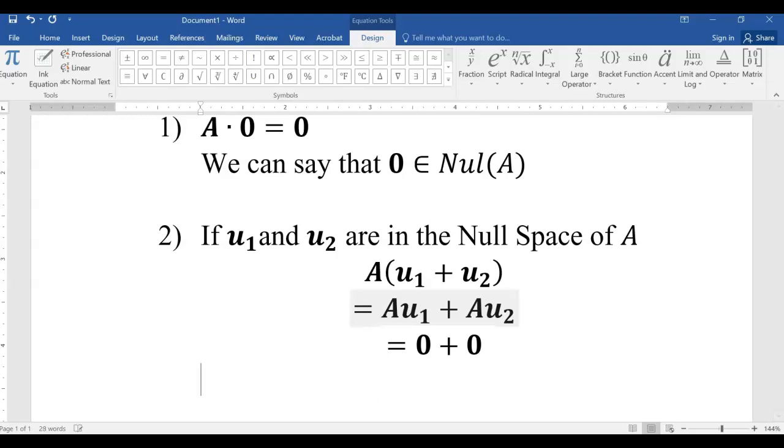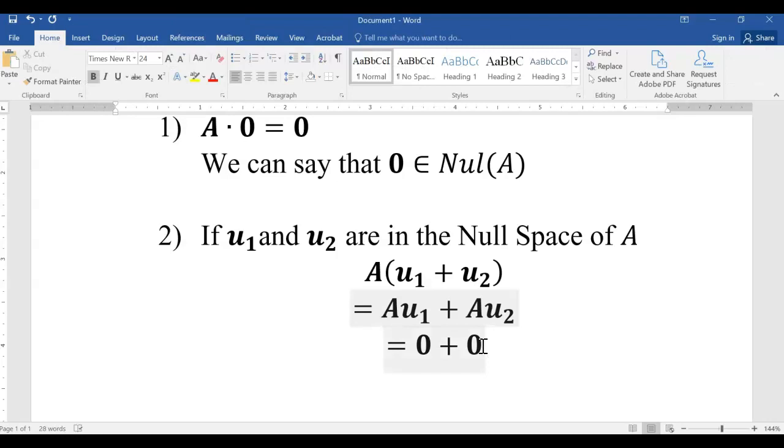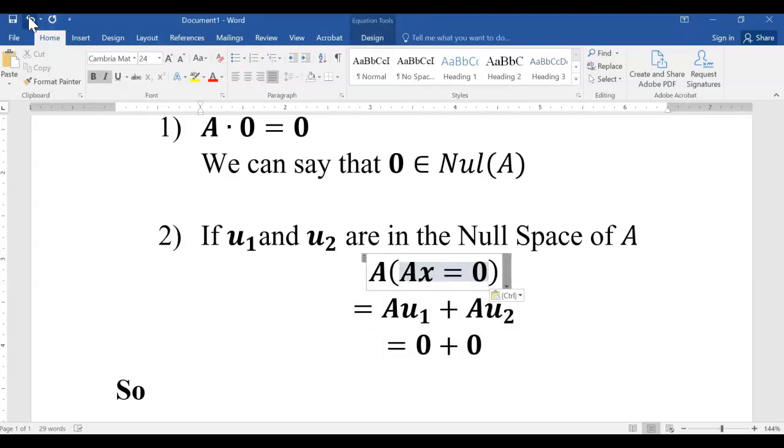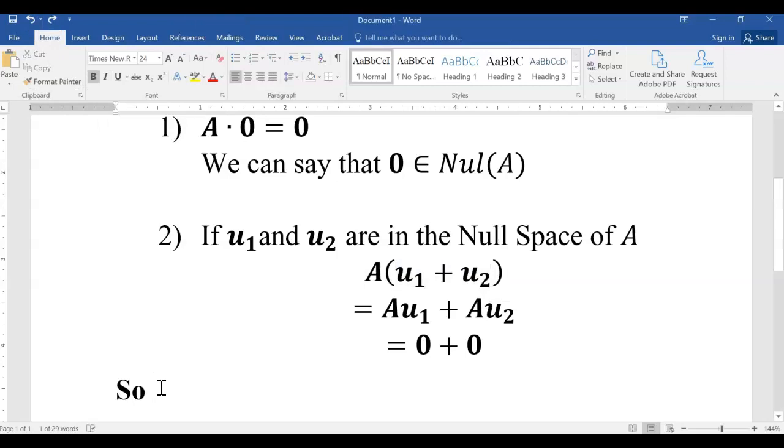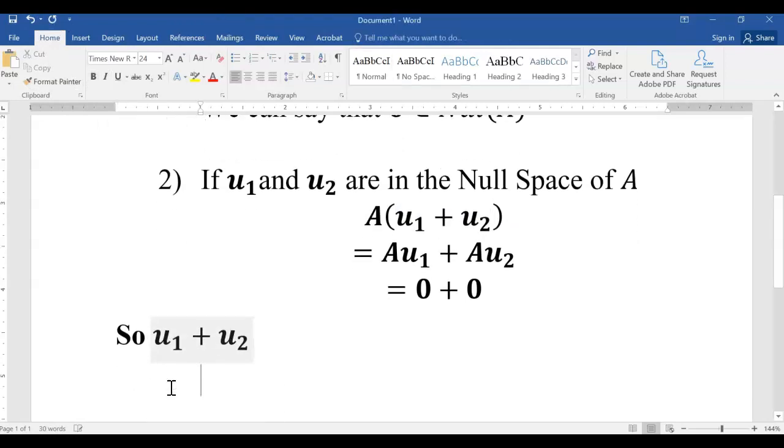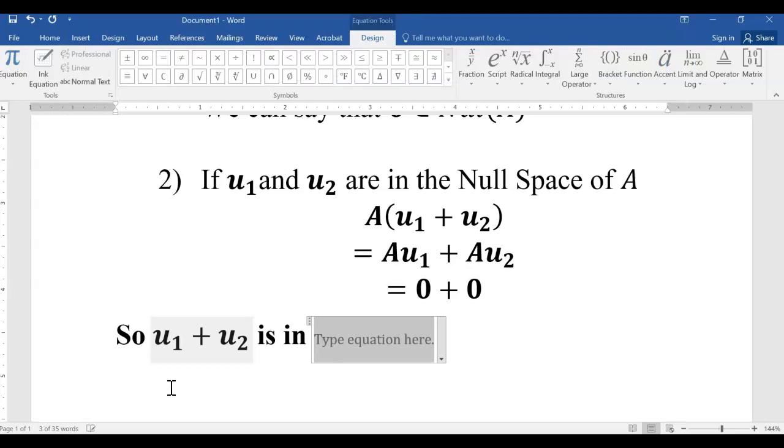So the sum, u1 plus u2, is in the null space of A.